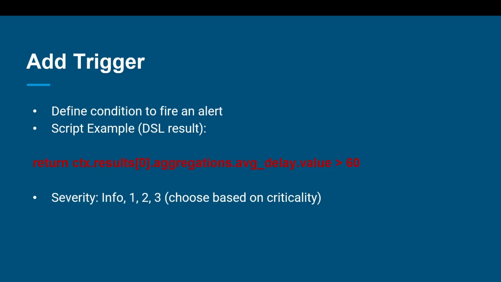So here I'm checking: return the results if the value is greater than 60. So it will fire an alert if it meets the condition. We can put the severity here. It could be 1, 2, 3. Choose based on your criticality. This is something you have to choose. So this checks the monitor query, and you assign the criticality, as I said.